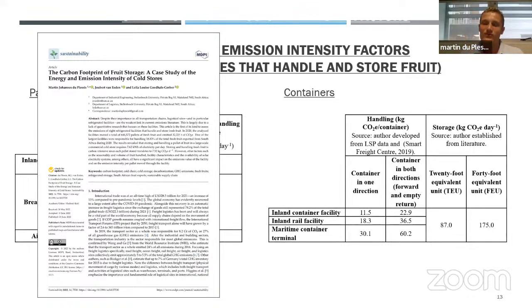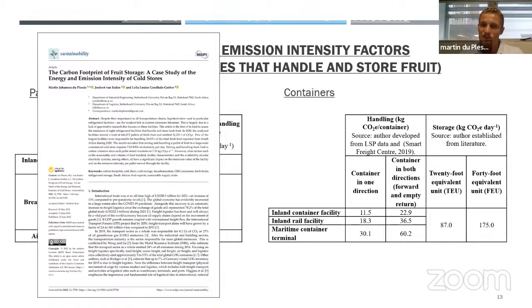It's also important to consider that if I store a pallet for a longer duration, that pallet is awarded more emissions than a pallet that simply moves through the facility. So these values are quite unique because they enable you to say that one pallet is stored for a month and a half, while the other one is stored for 2 days. The one that's stored for a month and a half is penalized more, is awarded more emissions, than the one that's only stored for a day.